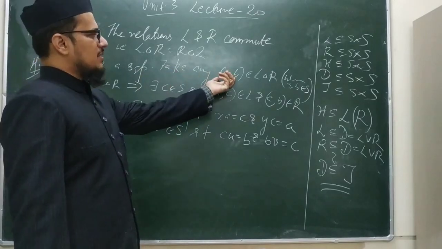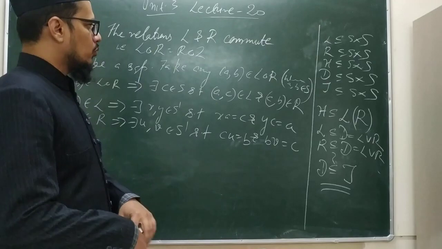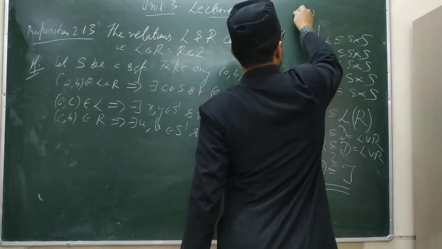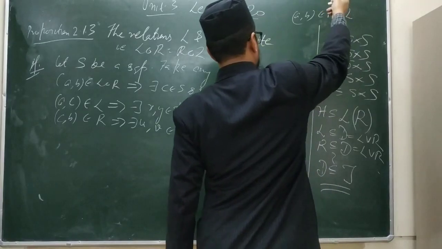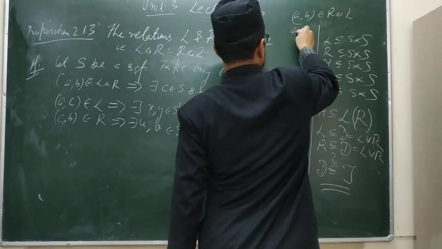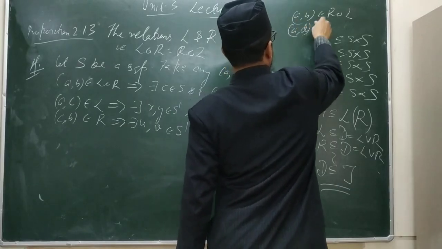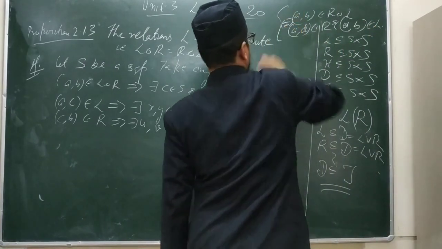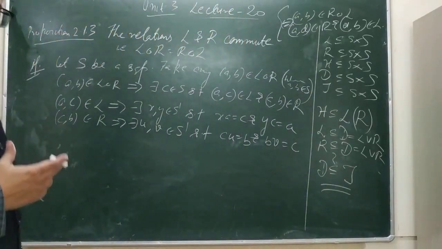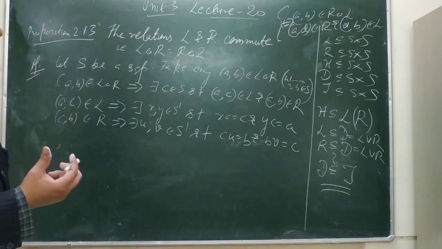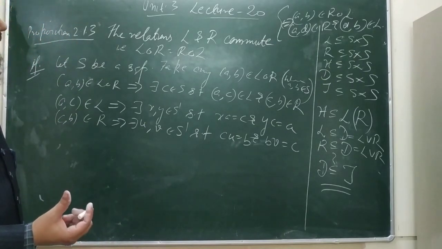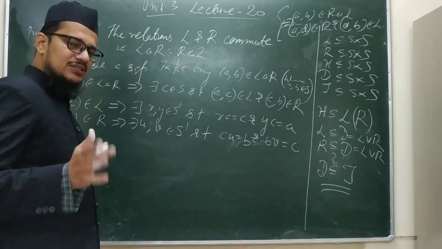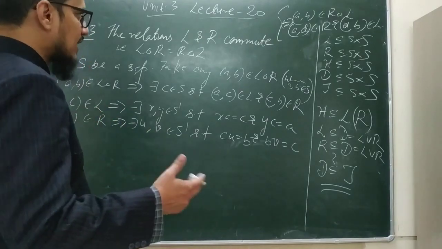We have to prove that this AB goes in R composition L. It can only go in R composition L if this condition arises, that is A, D belongs to R and D, B belongs to L. So this AB will go in R composition L only when we find such an element D such that A, D goes in R and D, B goes in L. If we are able to find such an element D, then we are done. So we are in search of such an element D.